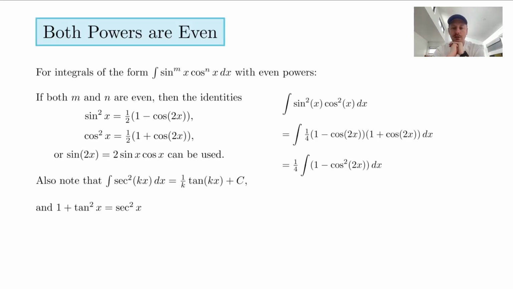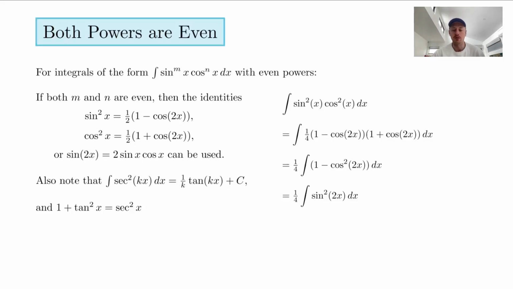So we can take the quarter out the front, and we get 1 minus cos² 2x. Now this is where we need our Pythagorean identity. Again, I'll put a link below, but 1 minus cos² 2x is the same thing as sin² 2x. So we get a quarter times the integral of sin² 2x dx.